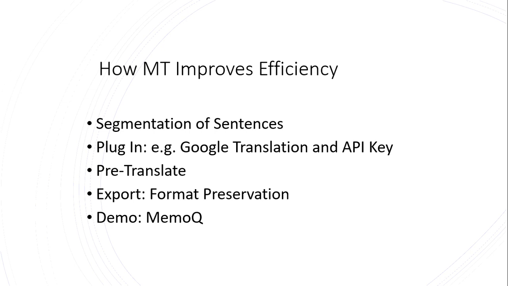So instead of trying to find a particular source sentence, and start translating and then going back to that source sentence to try to check whether I have translated correctly.